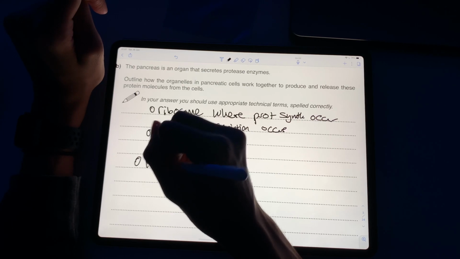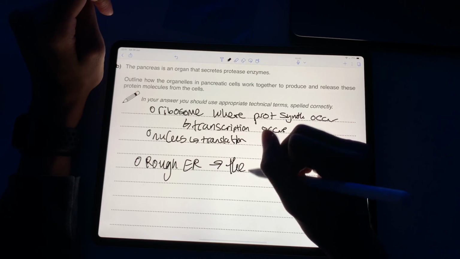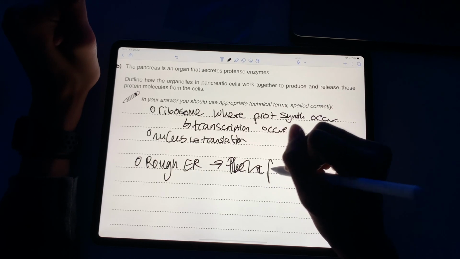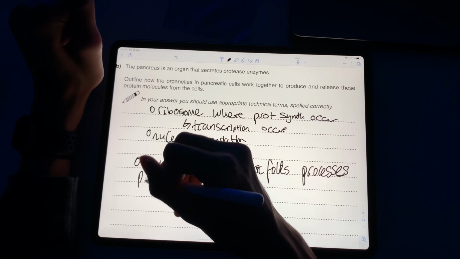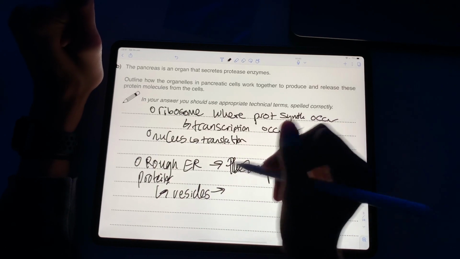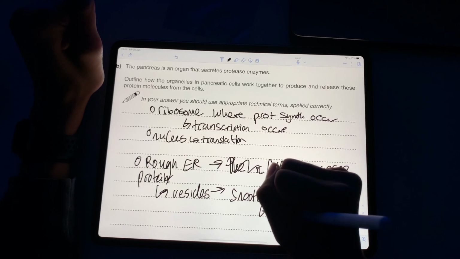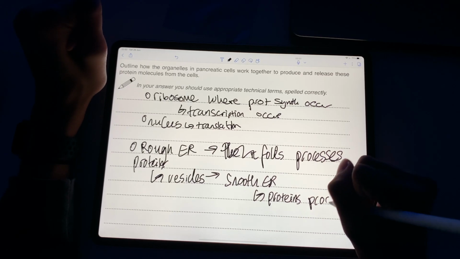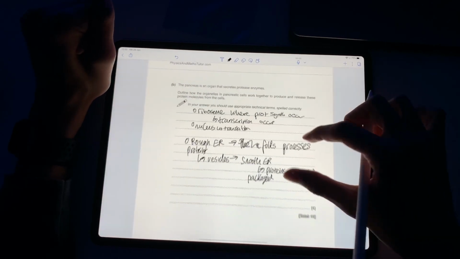Then on the rough endoplasmic reticulum, it folds and processes proteins. I don't know. Then vesicles to the smooth ER, where the proteins are processed and packaged.